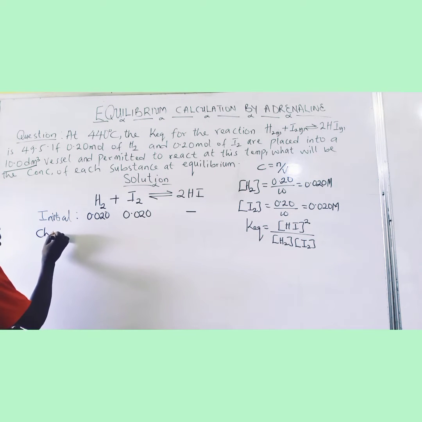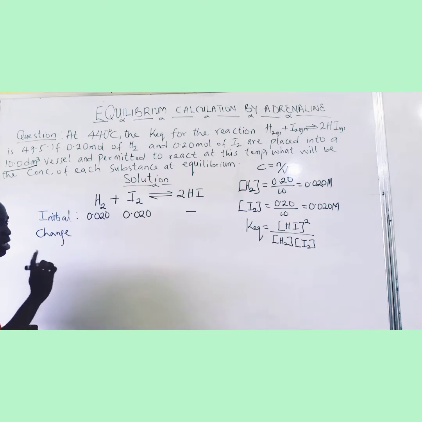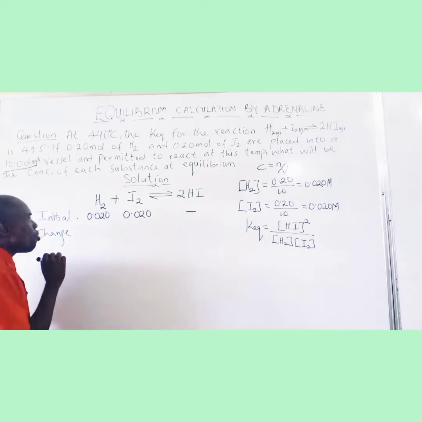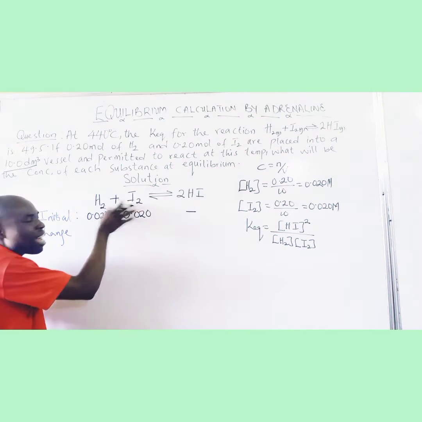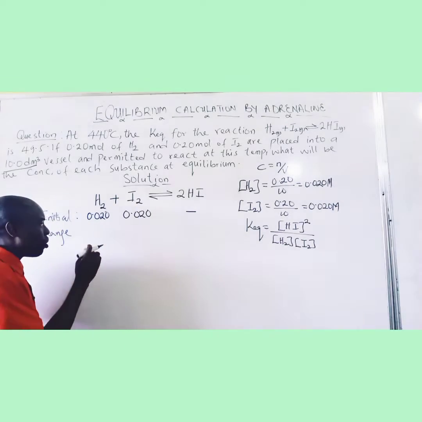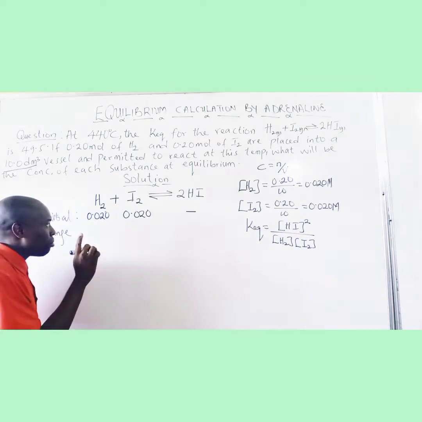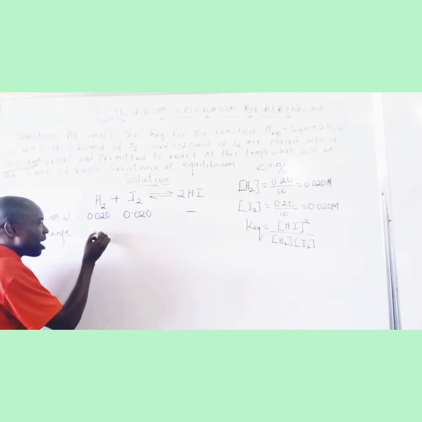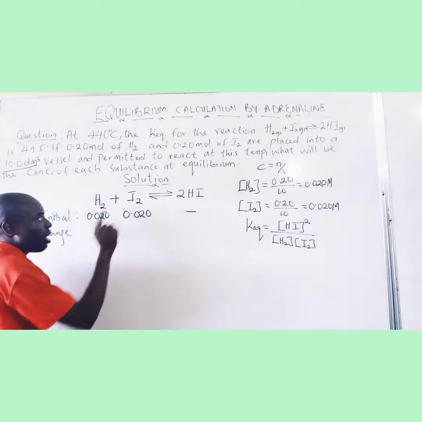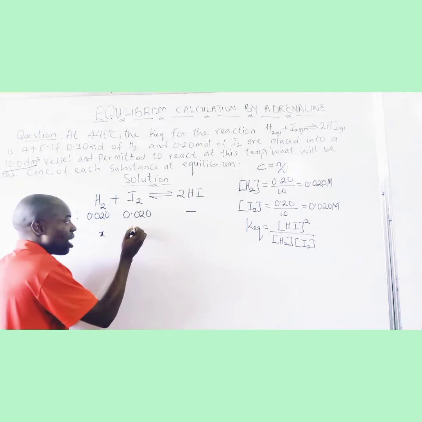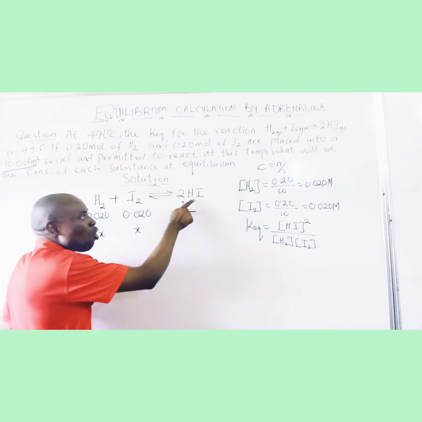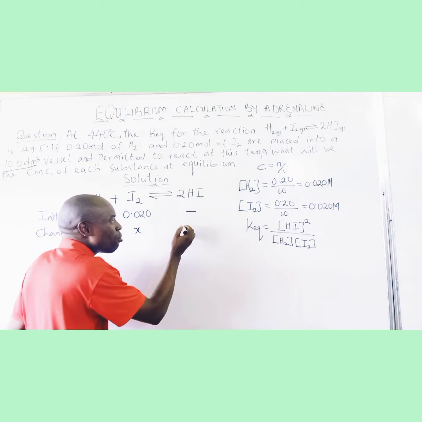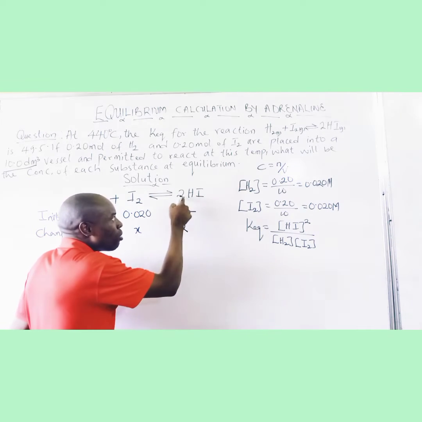The change, which is also in concentration. Please take note here. Now, in the case of the reactants that are depleting, we assume the depletion here should be x, for hydrogen and iodine. But that of the hydrogen iodide will be 2x, because of this mole here.